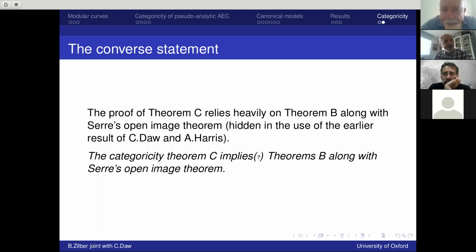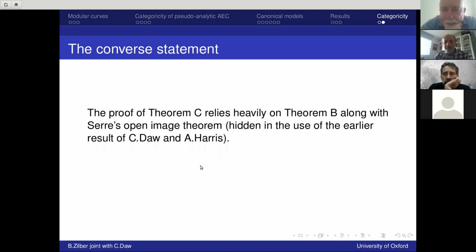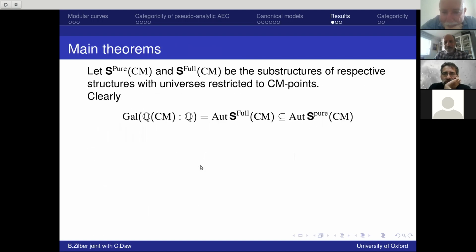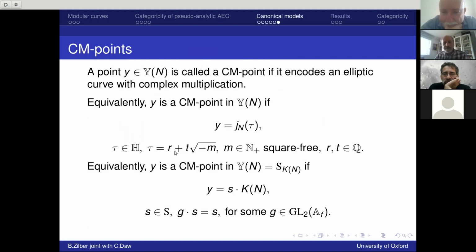Plus to this, when I presented this, the structure of CM points is certainly an important part of this pure structure on H. And on H, the CM points are essentially the imaginary quadratic points.